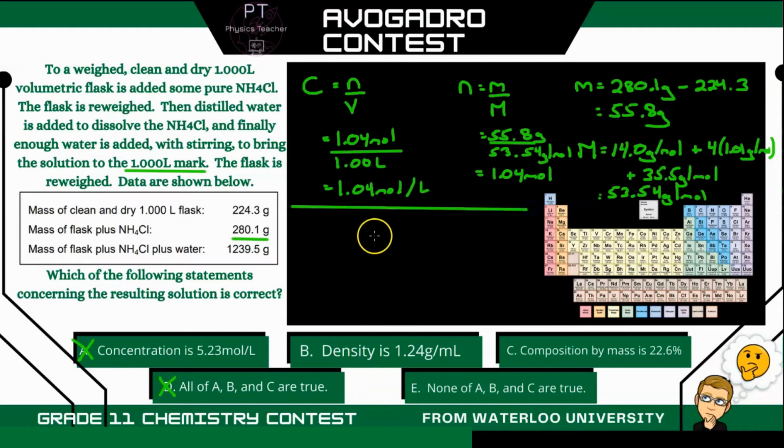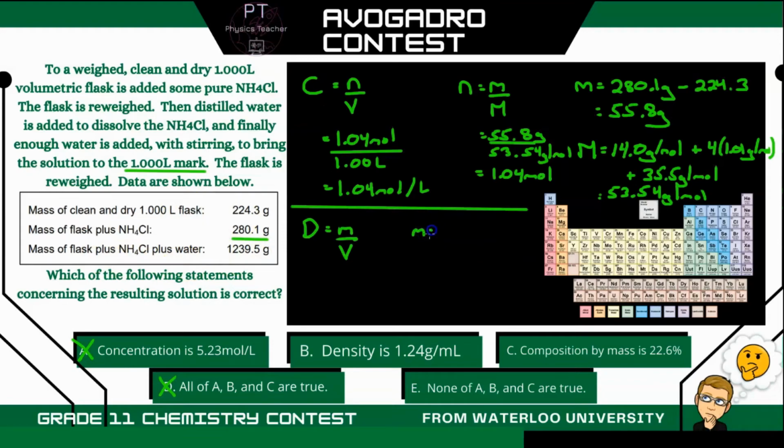Next, let's look at density. So the density is going to be equal to mass over volume. All right, so they tell us the mass of the flask plus the solute plus the solvent. So what we need to do to figure out the mass of just that solution is we need to subtract the mass of the flask.